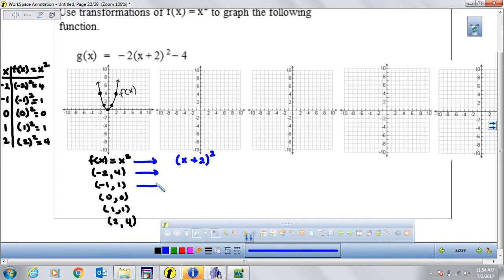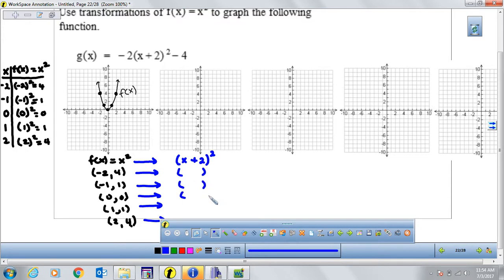And what is that plus 2 going to do according to the definition? It is going to shift the graph to the left 2 units. And what effect does it have on the points? It is going to subtract 2 from the x values, so you're going to do minus 2 to all of the x values right here.